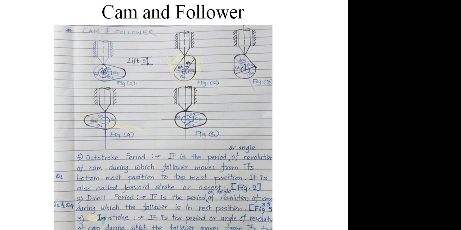Because if you see the circumference subtending angle theta 4, the distance of each point on this circumference from the center is the lowest one. So as the follower is in contact with this circumference, the follower is at its lowest position.